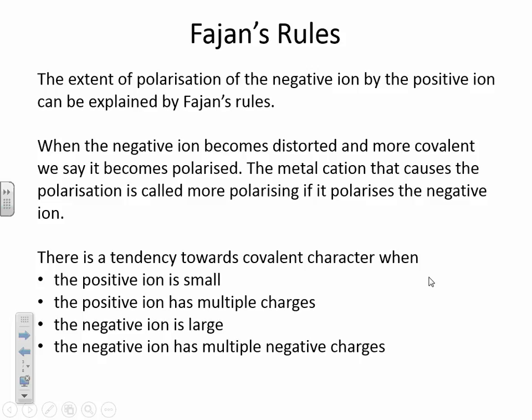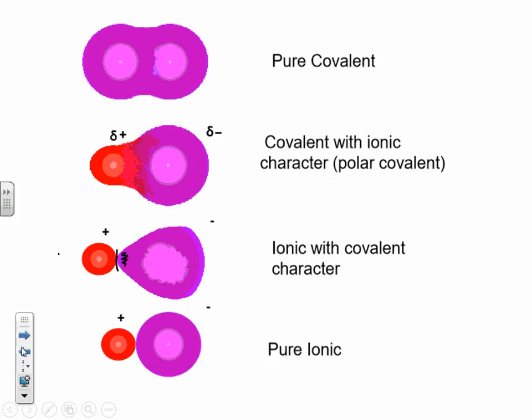Now, the next bit, this idea of polarization, negative ions, positive ions, we have these rules, Fajans' rules. It's a long time since I've met these. I saw it and thought, that rings a bell. It's this idea of the negative ion becoming distorted and more covalent, and that's the polarized bit. That was this third one down, pulled right over this side.